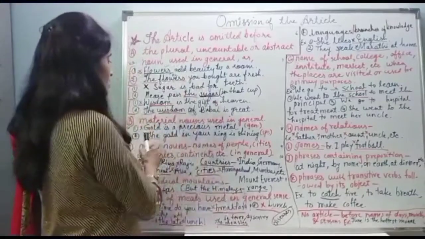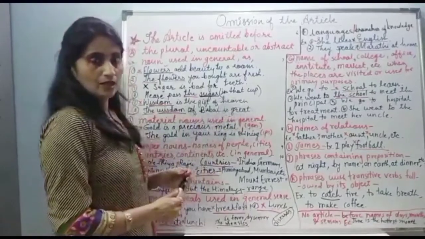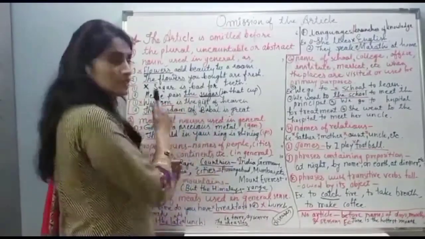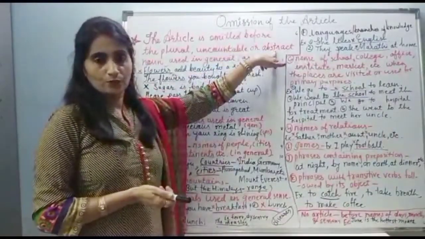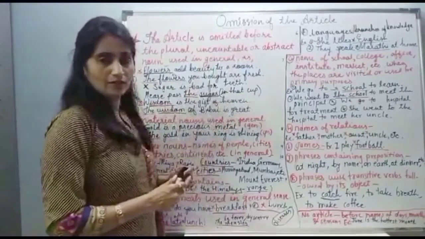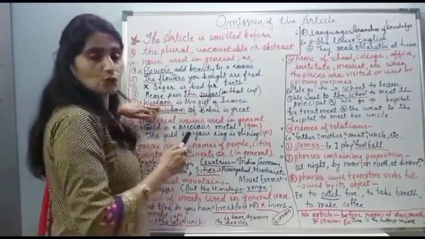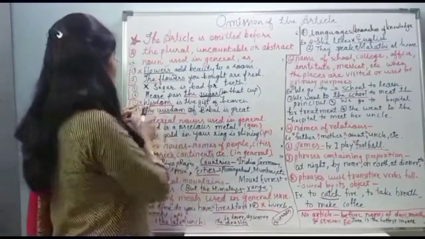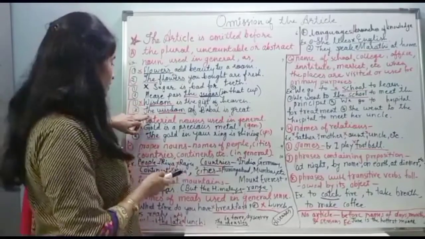See the next sentence now. Wisdom is a gift of heaven. What type of noun is wisdom? It is an abstract noun. Here, this abstract noun is used in general, and so there is no article before it. But look at this sentence.